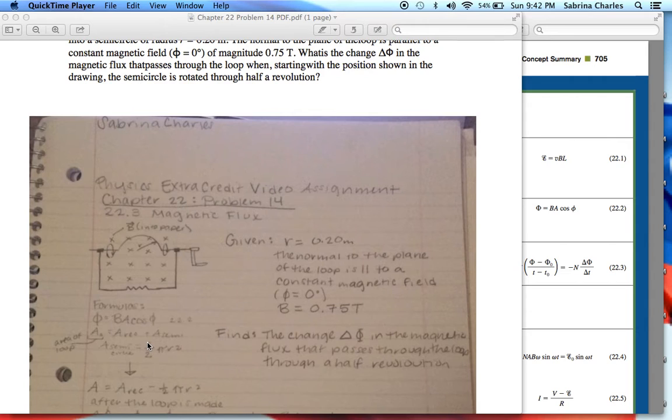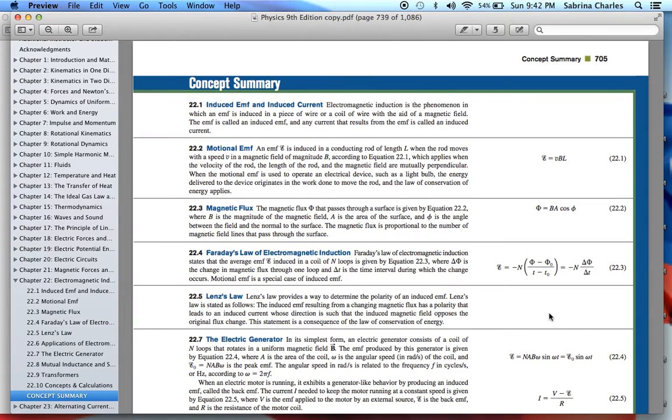So this is my formula section. If you look in the textbook, magnetic flux is equal to BA cosine phi.